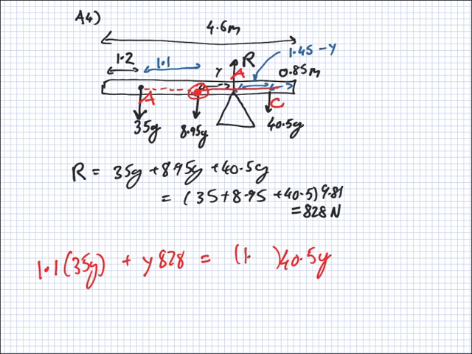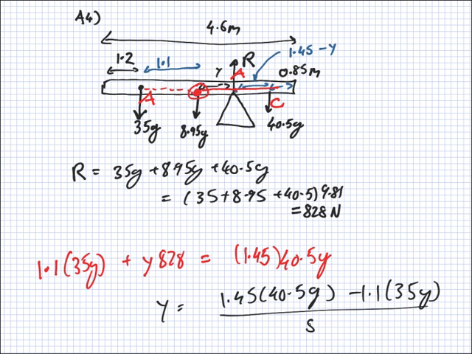Yeah. I was right to pick this because the y is only in the equation once. Not that it was a problem if it was in it twice, just makes it a little bit easier. Because now all I have to do to finish is say y is 1.45 times 40.5g minus 1.1 times 35g all over 828.